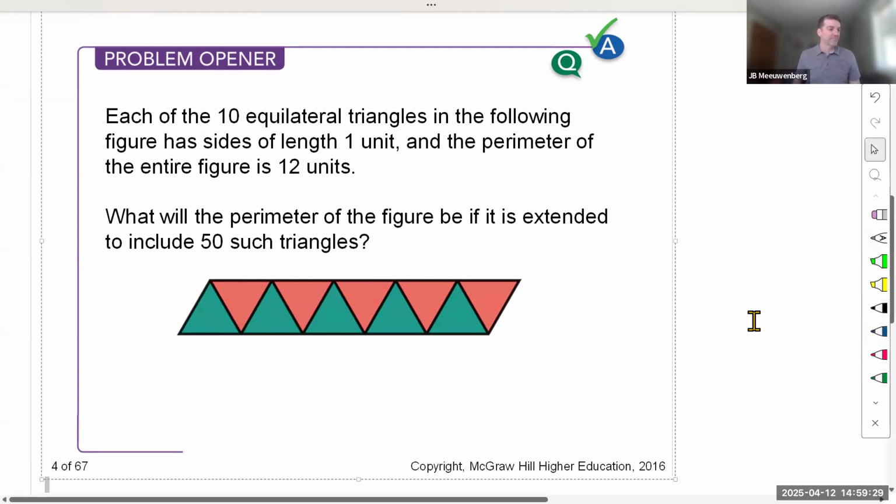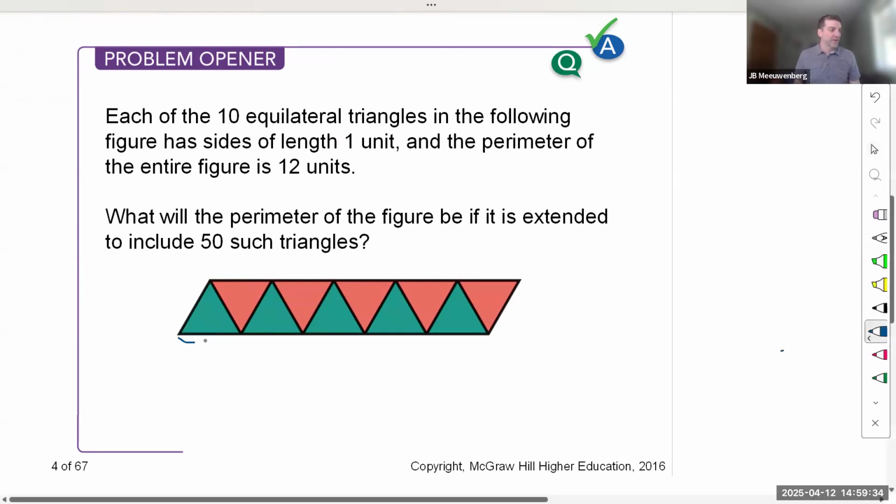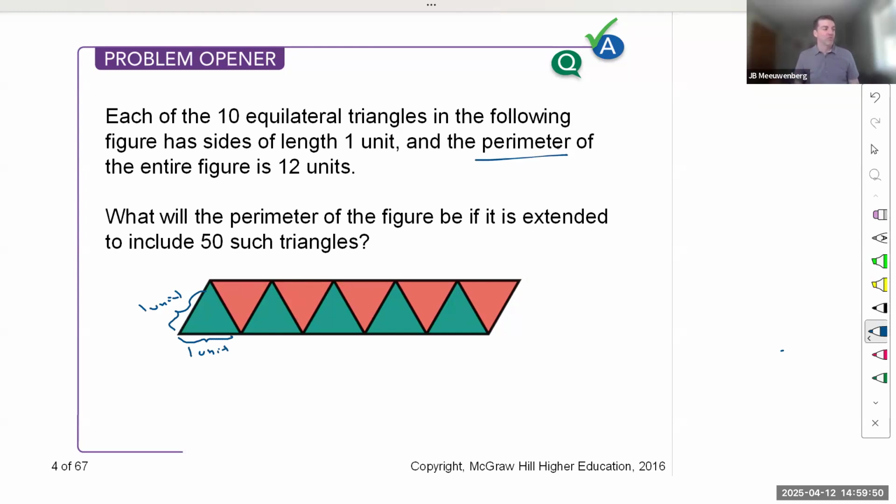So this length is 1 unit, this length is 1 unit, and so on. For this figure, the entire perimeter, being the distance around, would be 12, because we had 1, 1, 1, 1, 1, 1, 1, 1, 1, 1, and 1.